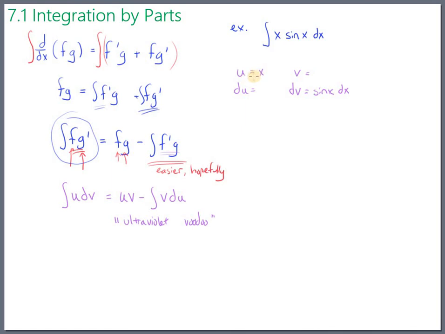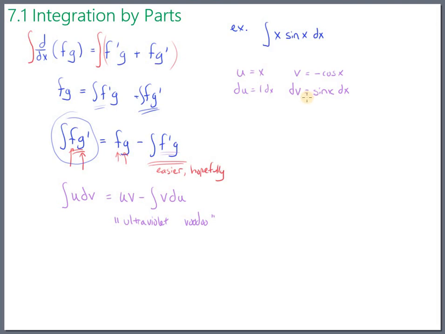So if u is x, the derivative of u is 1. And I'll put the dx on there just for completeness' sake. So that's derivative, this direction. And then dv is sine, so the integral of sine will be v. Keep in mind the integral of sine is negative cosine.